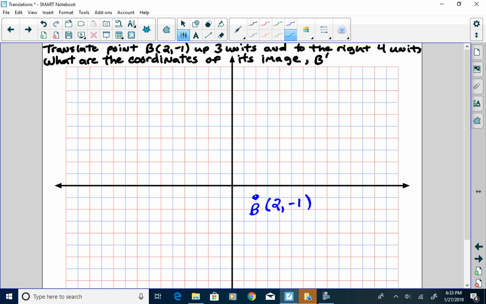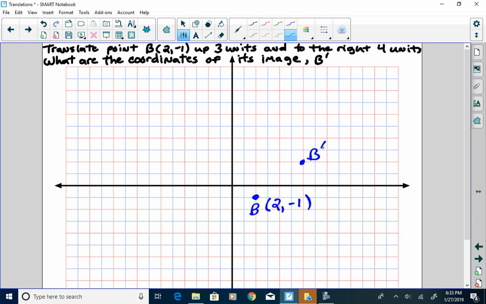We're asked to translate this point up 3 units, right 4 units. So from the original, I'm going to count up 3, 1, 2, 3, and right 4, 1, 2, 3, 4. I'm going to put a point at that new location. The image point we label using prime notation. That's this little mark above the letter.